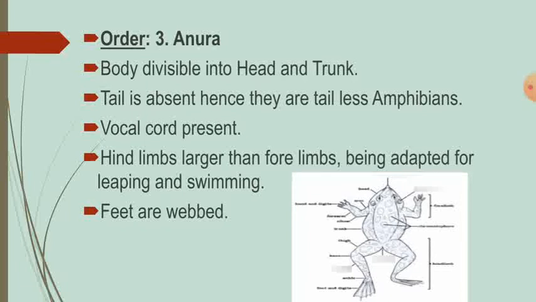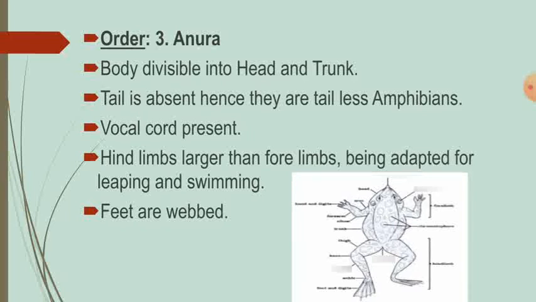And in the case of Anura, ribs are reduced or absent. Fertilization is external, and sexual dimorphism takes place.